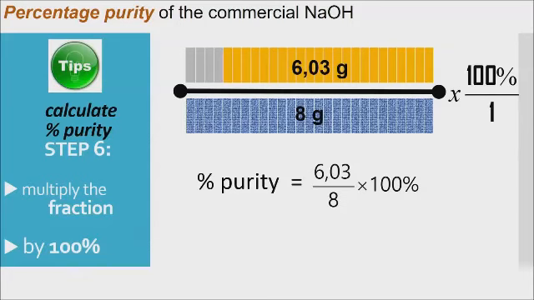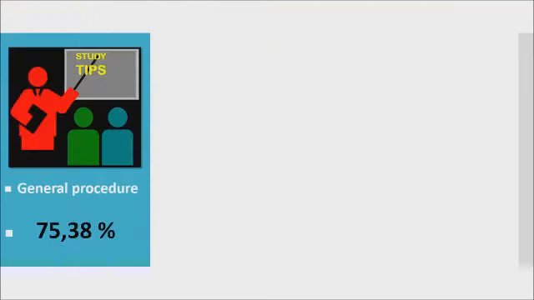And then I multiply and I simplify, and I get 75,38. Let me just check, did I answer my question? Yes, I answered my question. They wanted to know what was the percentage purity of the sodium hydroxide, or as they called it, the caustic soda.